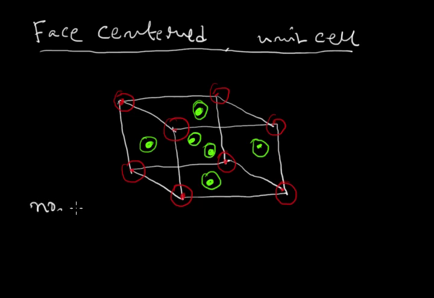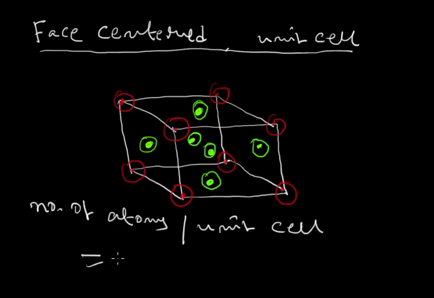Number of atoms per unit cell is equal to 8 divided by 8, because these 8 points are shared by 8 different cubes, and these 6 points present at the center of the faces are each shared by 2 cubes, so the number is 6 divided by 2.